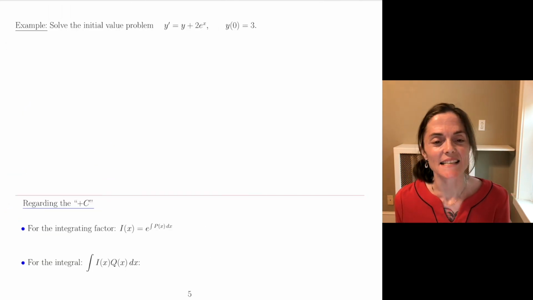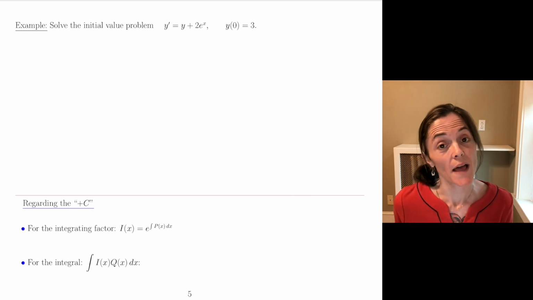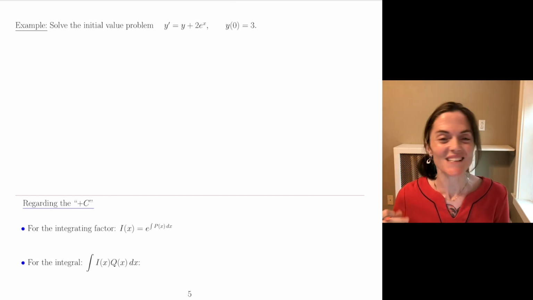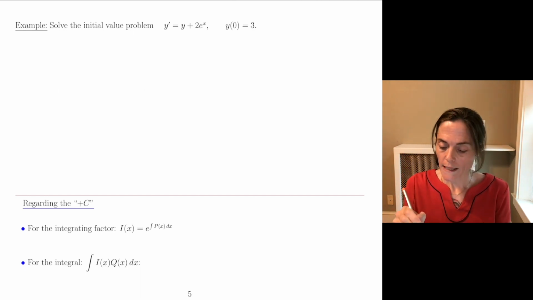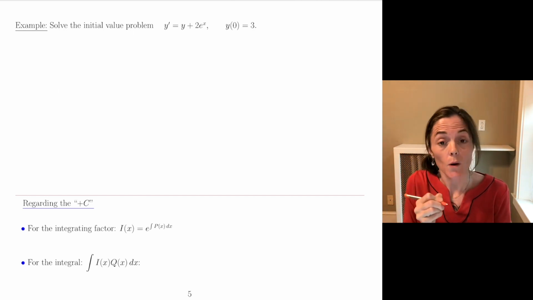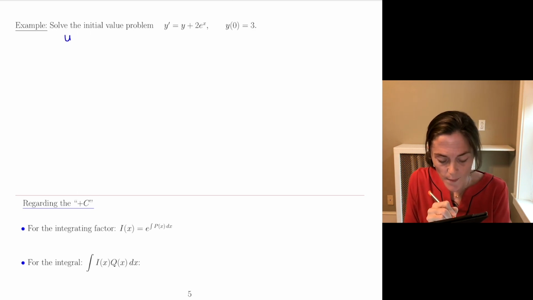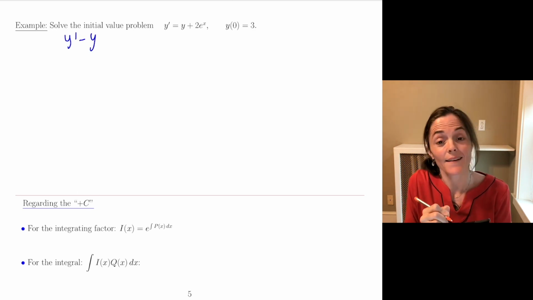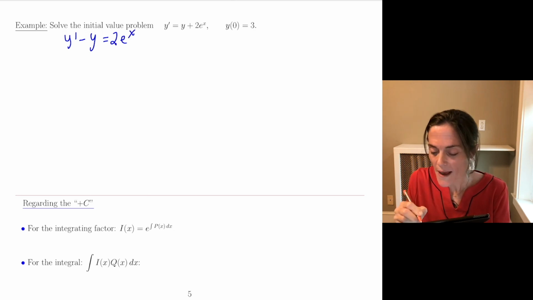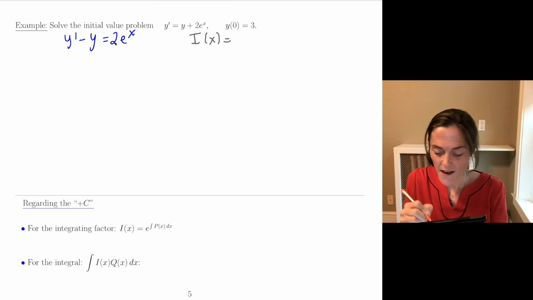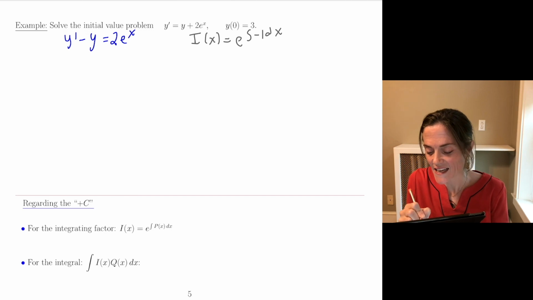Okay, next example. Here we have an initial value problem, so my final answer will not have a constant of integration in it. All we need to do here is quickly rewrite this as y prime minus y equals 2e to the x. So my integrating factor, we have e to the integral of minus 1 dx.